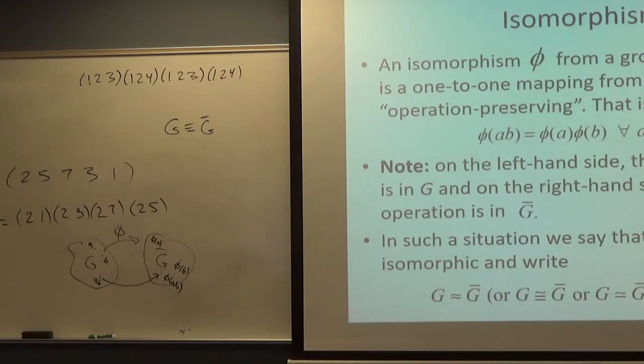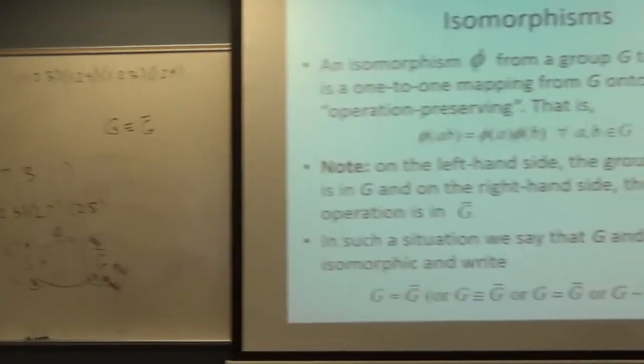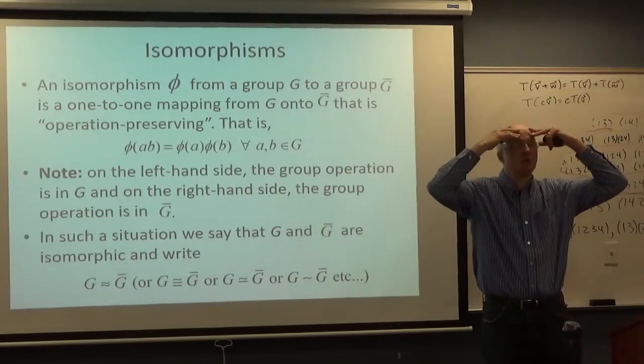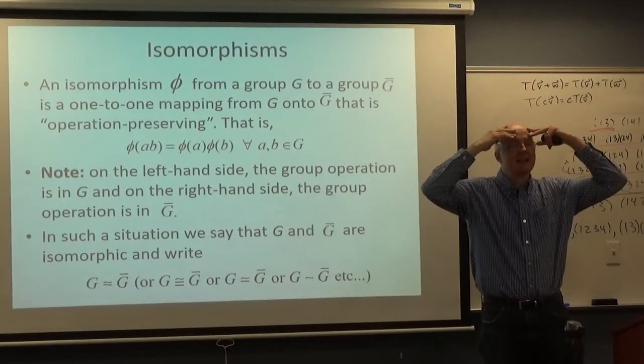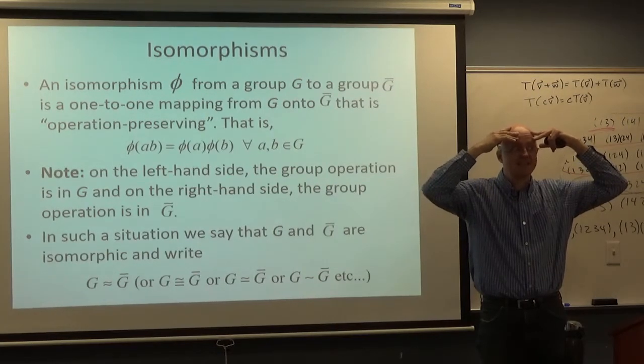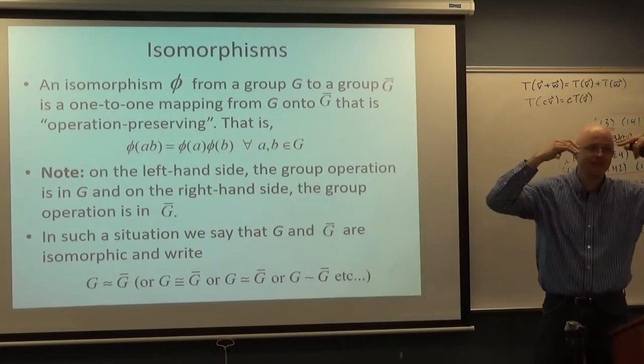No, it's not actually. It's an equivalence relation on the set of all possible groups, which is some humongous set. It hurts my brain to even think about it. It's a set of all possible groups where each point of the set is a group. And every group is in the set. Yikes. That's the set it's an equivalence relation on.